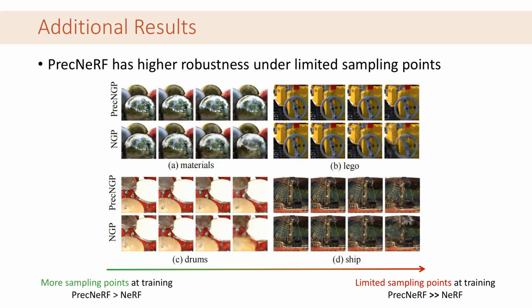To make comparisons more intuitive, we reduce the number of sampling intervals when training NGP and PrecNGP on the synthetic NeRF dataset. The number of sampling points decreases from left to right, whereas the length of the integral interval, as well as the approximation ambiguity, increases. Compared to the baseline method, our improved one effectively handles ambiguity, preserving both thin geometries and complex textures.